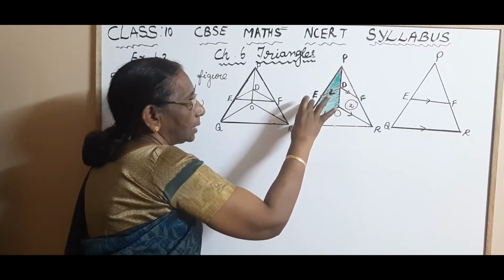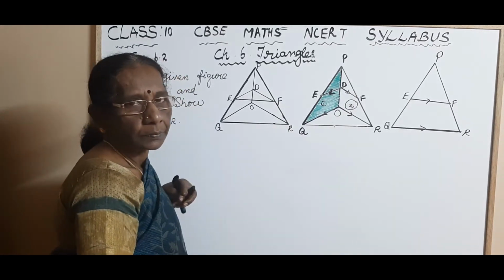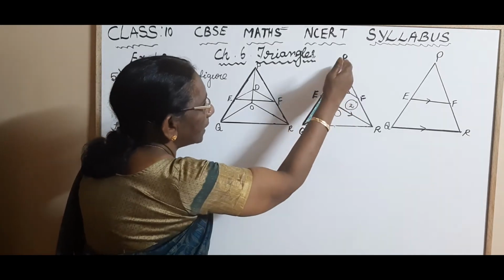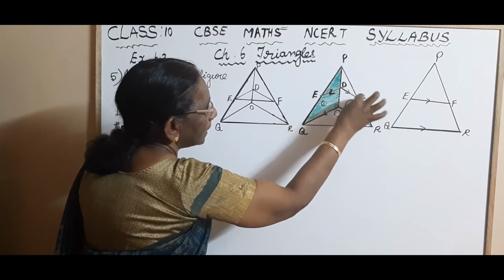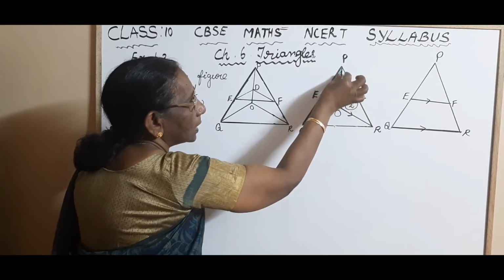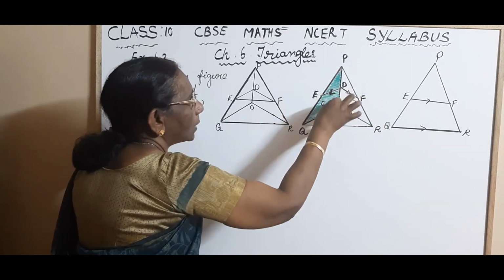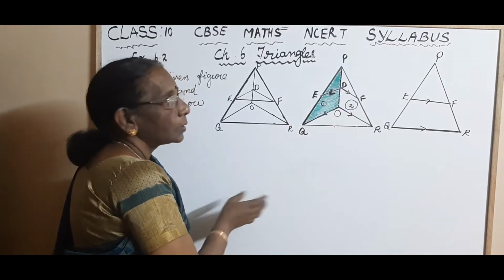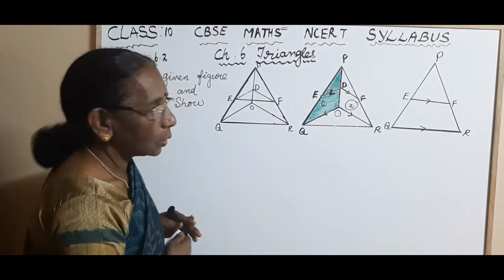That is PE by EQ is equal to PD by DO. And in the same way, we can take the other triangle POR. In this, DF is parallel to OR. So, again applying BPT, you can write two ratios. That is, the sides PR and OP are divided in the same ratio. First we will write the two steps, then we will think what we are supposed to do.